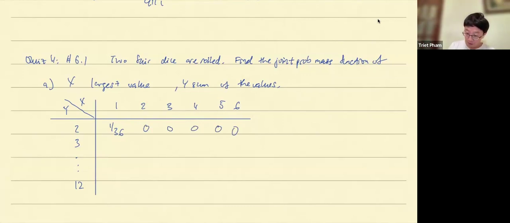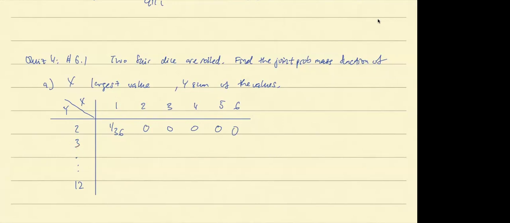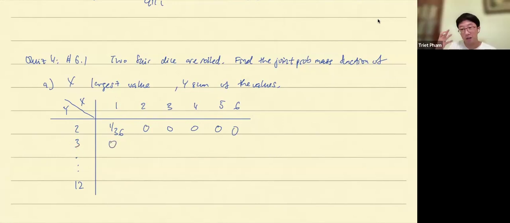What's the probability the max value is 1 and the sum is 3? 0. Yeah. You see, the thinking is slightly complex, but same thing. Because the max value is 1, that means 1 and 1. How can they sum up to 3? Max value is 2 and the sum is 3. Two over 36, right? 2, 1 and 1, 2.